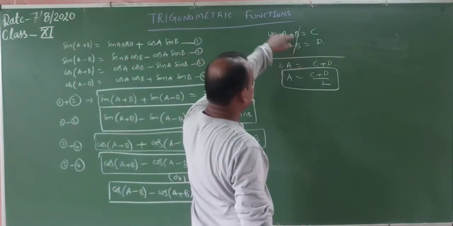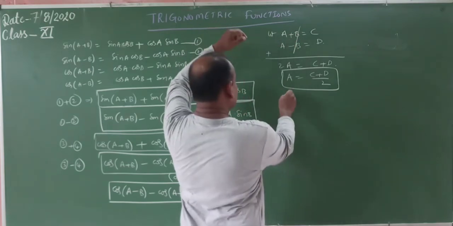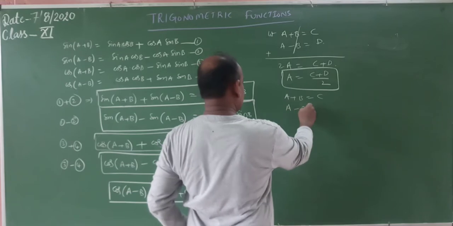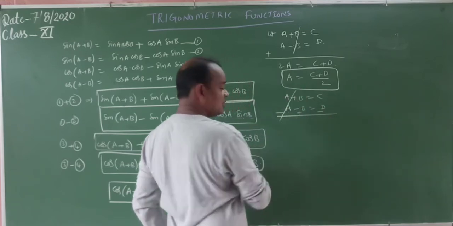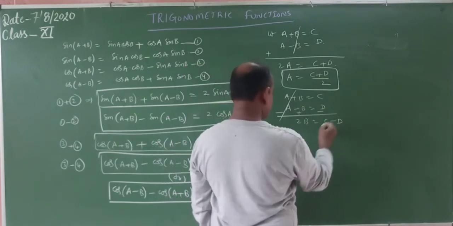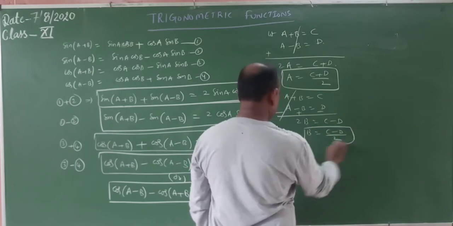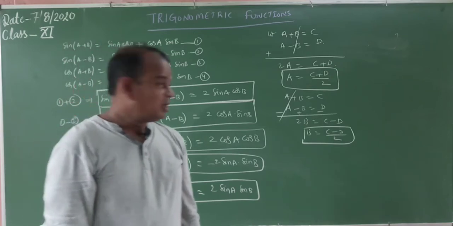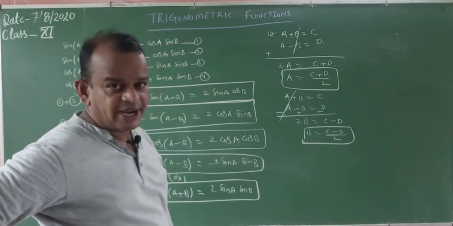Again take A plus B equal to C, A minus B equal to D. Subtracting, the A terms cancel. 2B is equal to C minus D, B is equal to (C-D)/2. Any doubt? A equals (C+D)/2, B equals (C-D)/2.